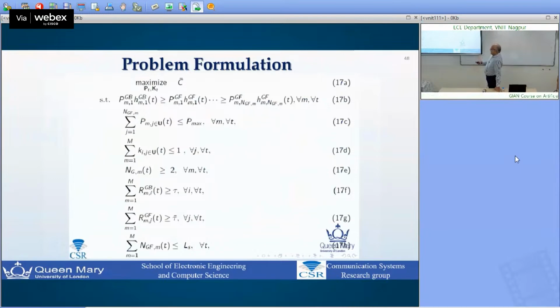This holds for m equal to 1 to M. The number of channels should be less than a certain value. On one sub-channel, only one grant-based user, and more than one grant-free user. How many grant-free users depends on the interference threshold.